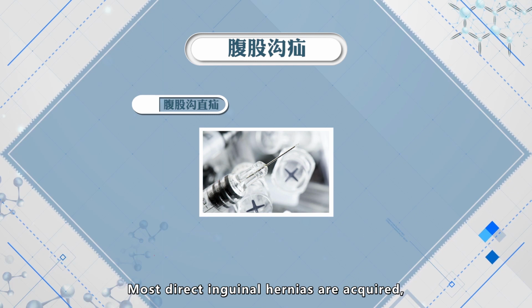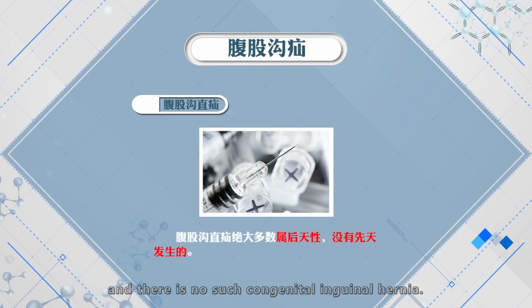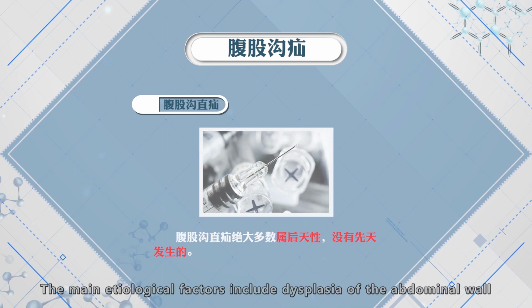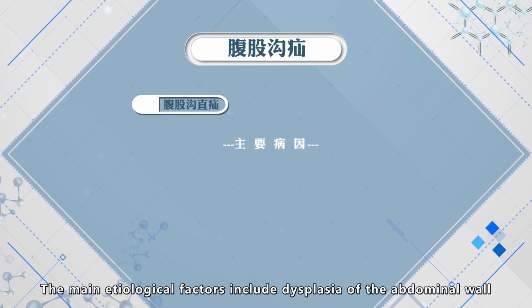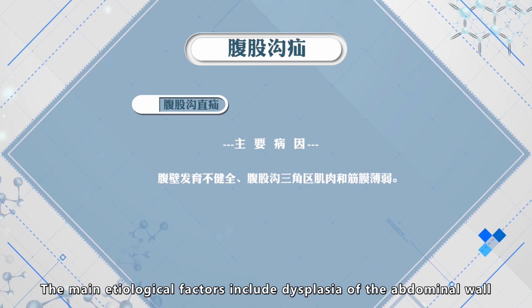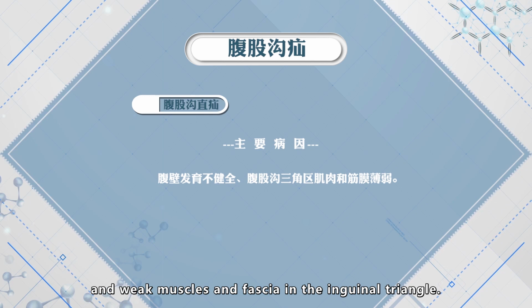Most direct inguinal hernias are acquired, and there is no congenital direct inguinal hernia. The main etiologic factors include dysplasia of the abdominal wall and weak muscles and fascia in the inguinal triangle.